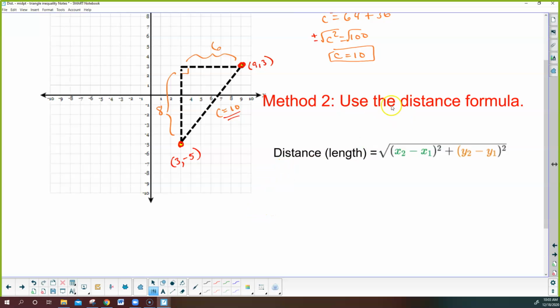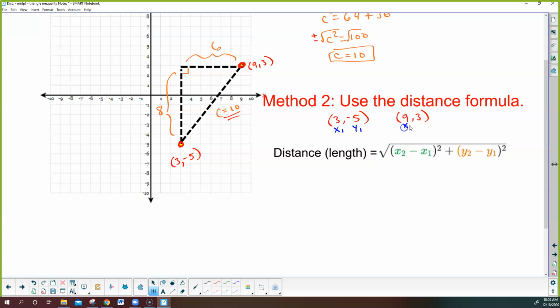All right, for us to use the distance formula, we need to know the location of those 2 points. And if they're given a graph, I would leave them on the graph. But a lot of times, they're just going to give you the points written out. So then our job is to take those points that are written out and just say, well, the first one is my first point. So let's call it x1, y1.